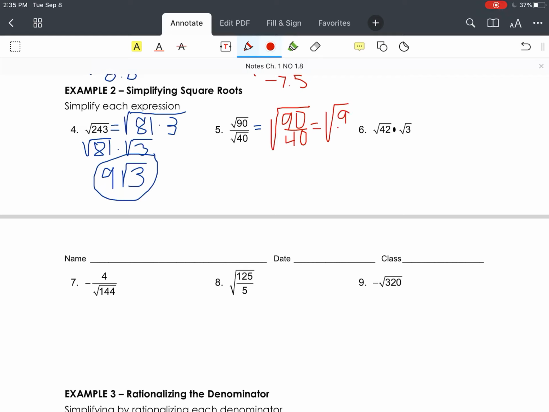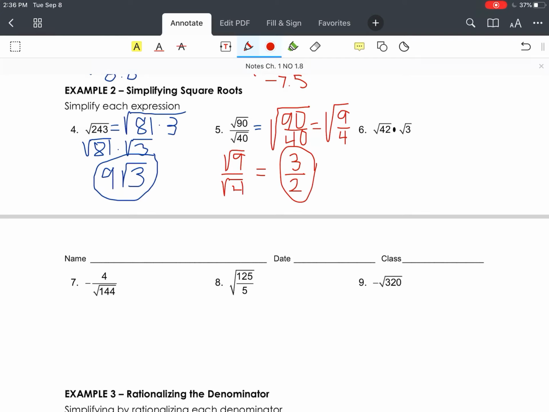Well, 90 divided by 40 is the same thing as 9 over 4, simplifying that fraction. Well, now 9 and 4 are both things I know how to take the square root of, so I'm going to re-separate them out. The square root of 9 is 3, and the square root of 4 is 2. So that's how I get my answer of 3/2.